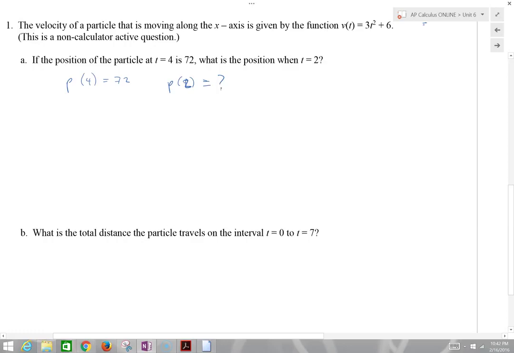We can use the fundamental theorem of calculus by saying that we know that the integral of velocity between 2 and 4 is equal to p of 4 minus p of 2, and that is the fundamental theorem of calculus. So we plug in what we know.